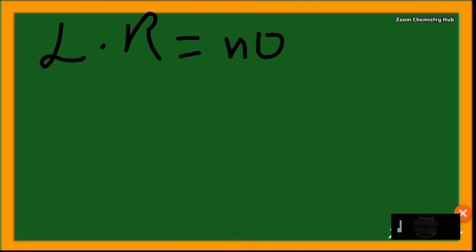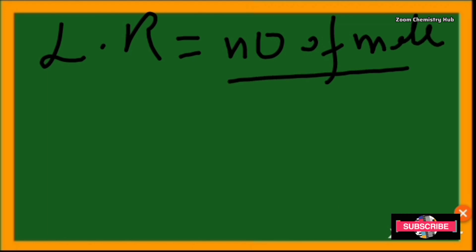First, the formula: the limiting reactant is equal to the number of moles of reactant divided by the coefficient of the reactant in a balanced chemical equation.